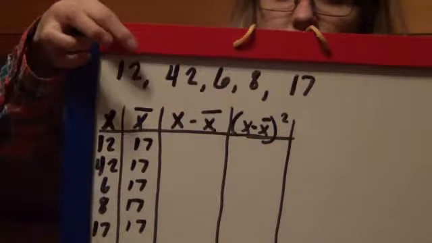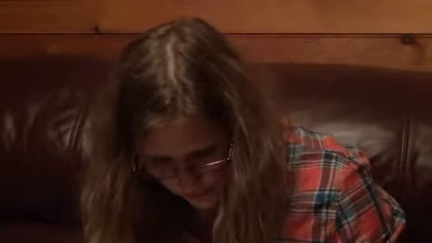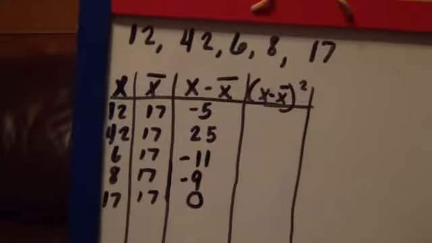We'll have the same process as before, subtracting x bar from the x. And we will get the same answers as before. Up to this point, nothing has changed. We're getting the exact same answers.